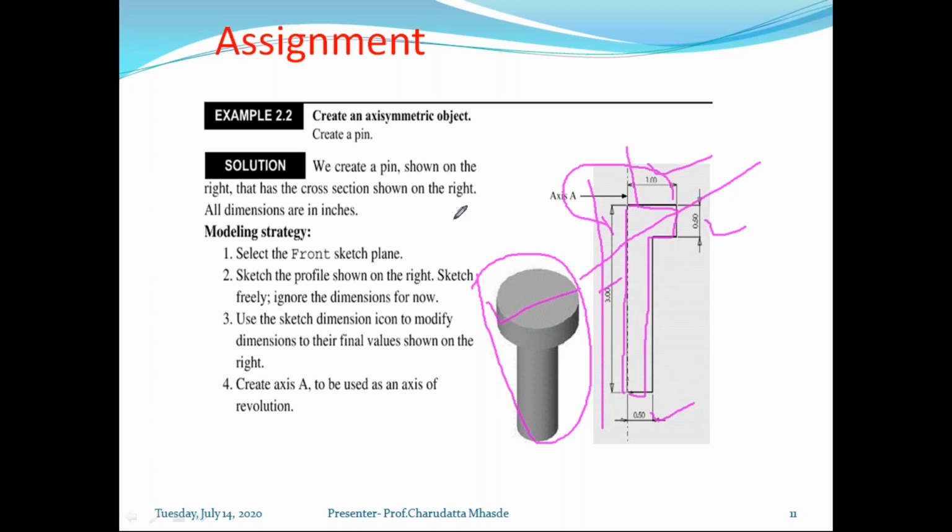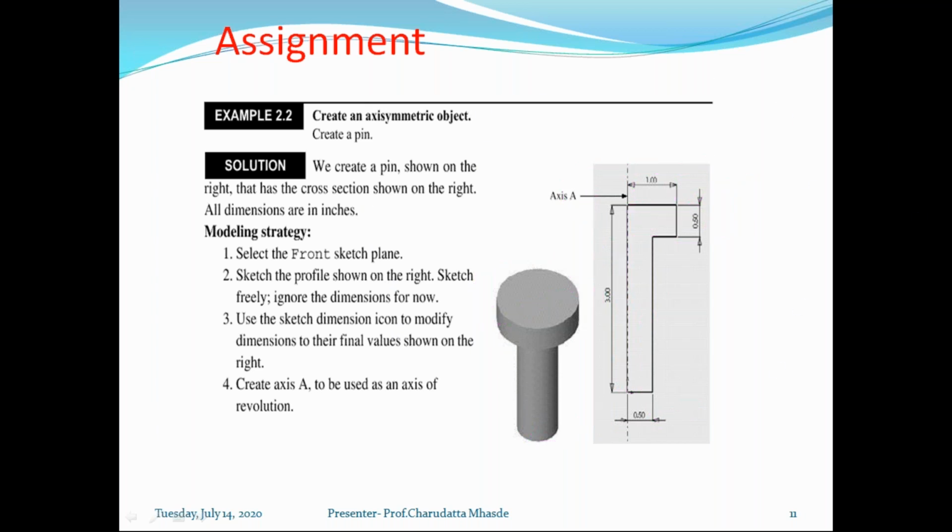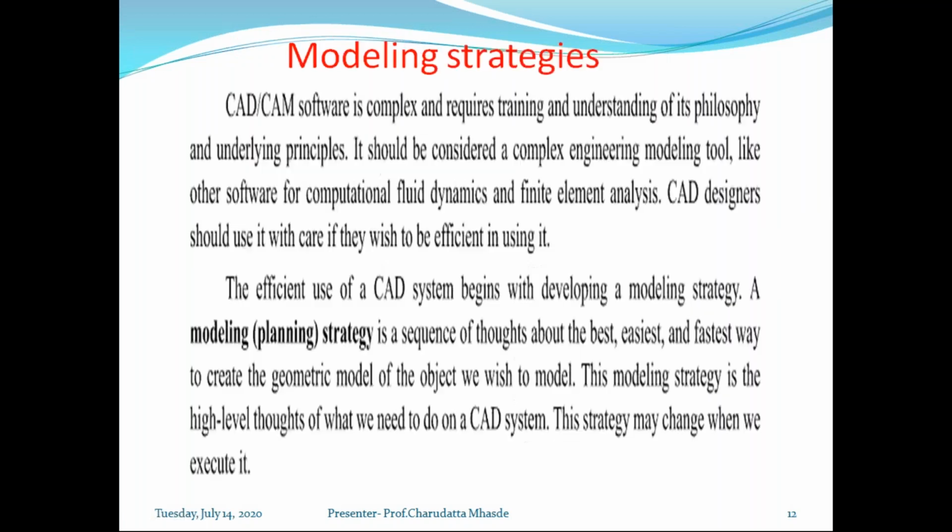These are a few things you need to take care of while creating solid models. This is very relevant for creating what I have created. These are the types, and how we are going to do various modeling is explained here.